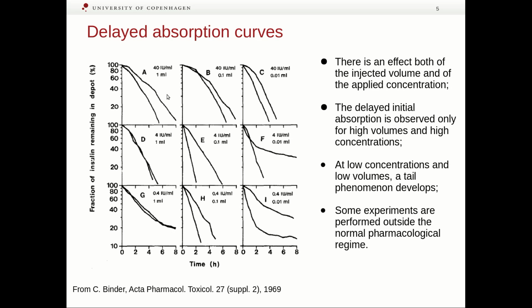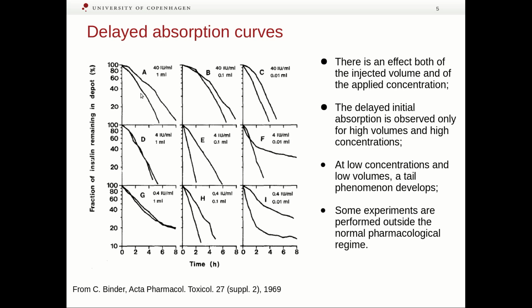Now, insulin is a sort of peptide protein molecule that has difficulties in passing the membrane between the blood and the interstitial region. The result is that while the dimeric insulin can pass this, the hexameric insulin cannot.